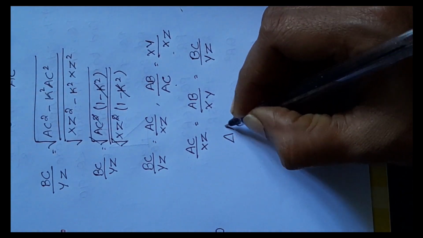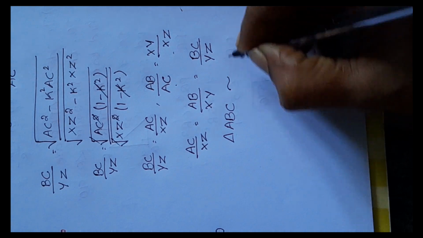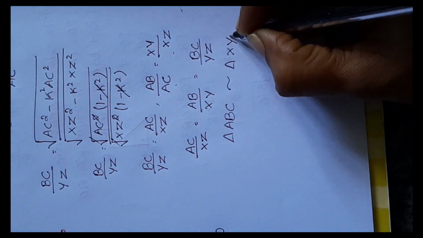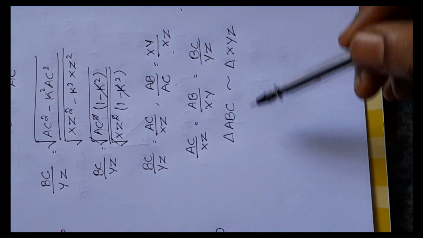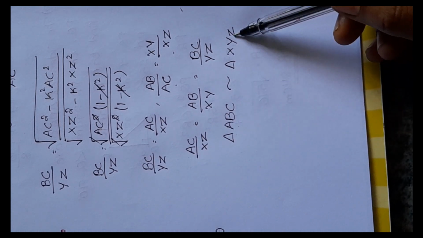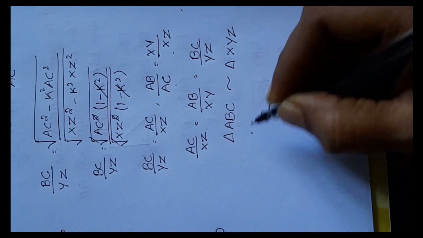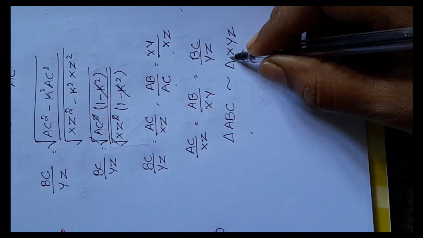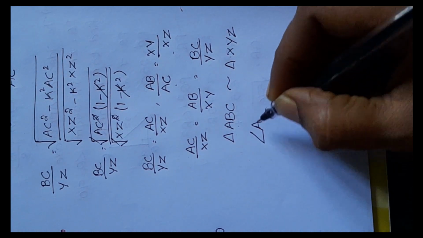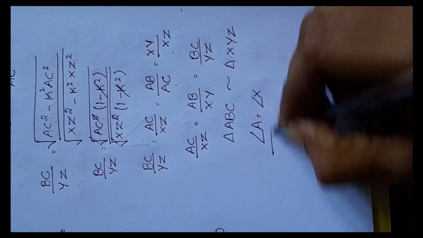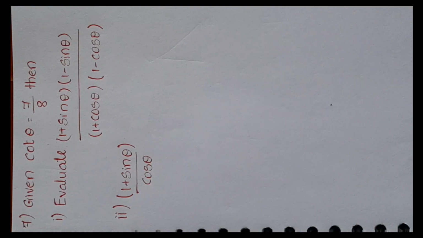That is, triangle ABC is similar to triangle XYZ. We got both the triangles ABC and XYZ are similar. From this, the angles in the similar triangles are also equal. From this, we can write angle A is equal to angle X. This is the solution.